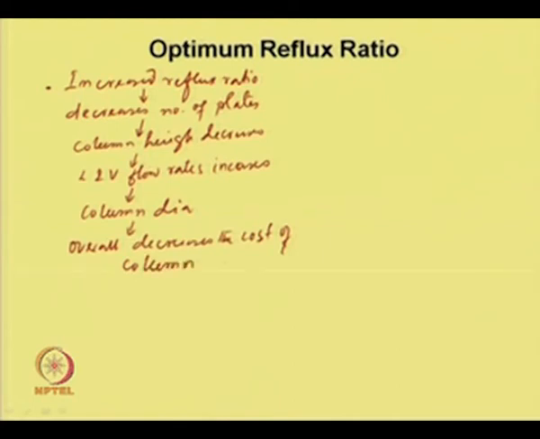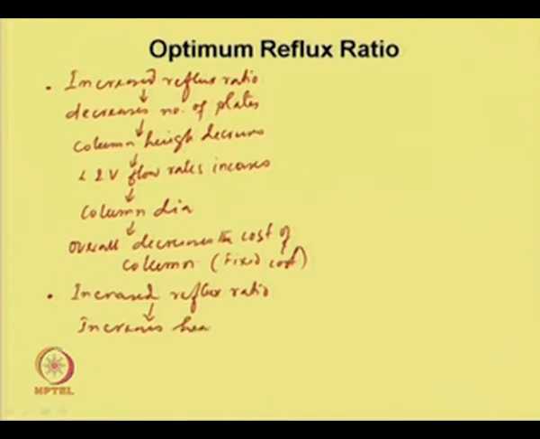This is the fixed cost. Another thing is that as we increase the reflux ratio, it increases the heat duty for reboiler and condenser.